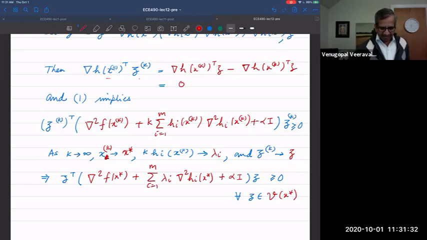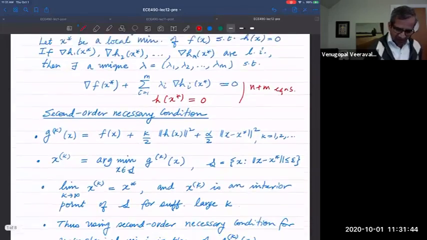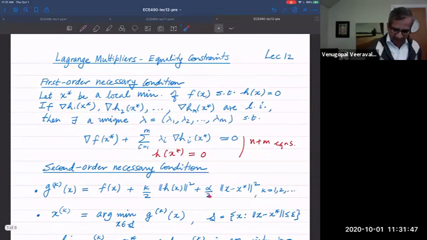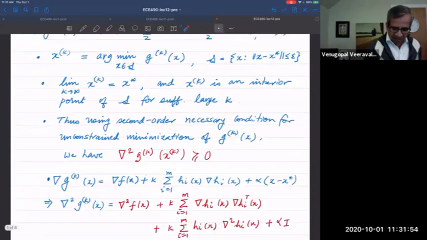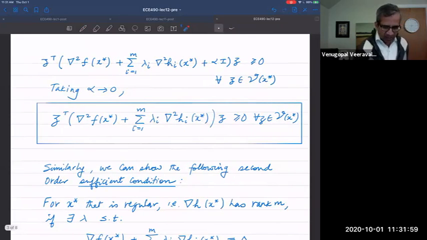Okay. So this is the second order necessary condition. But of course, alpha was under my control, right? I defined alpha. I defined this function g with the alpha in here. So I can make alpha as small as I want. This is something I just created, right? So that's what I'm going to do next. So this is what we just concluded, that z transpose times this matrix times z is positive.